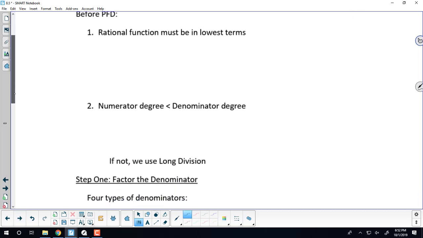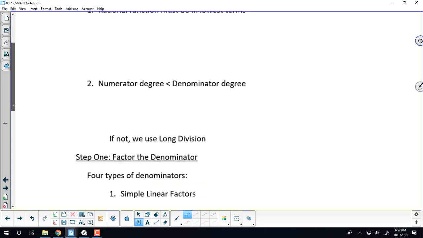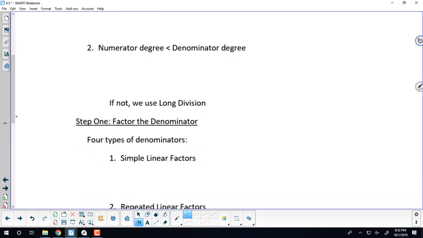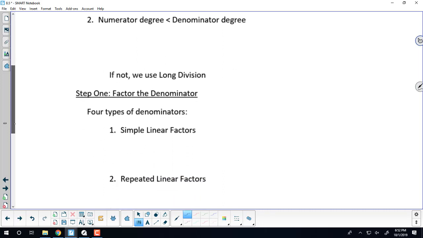And we've seen a couple of integrals where the degree of the numerator was larger than the degree of the denominator. That's where we use long division, right? So if those aren't present, then we have to use long division to get them in that form.